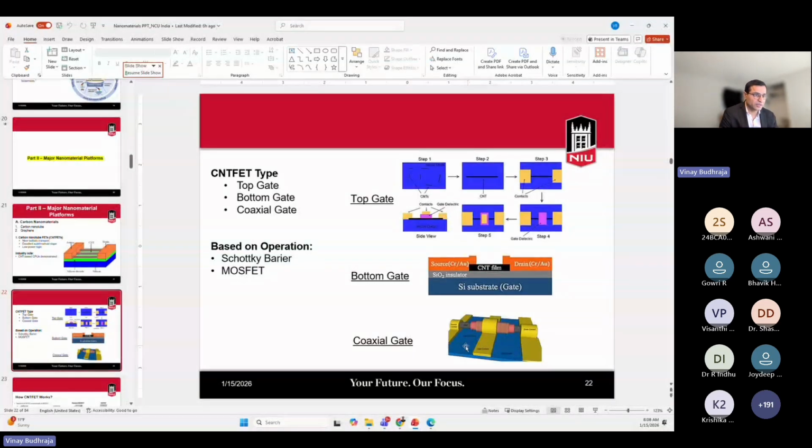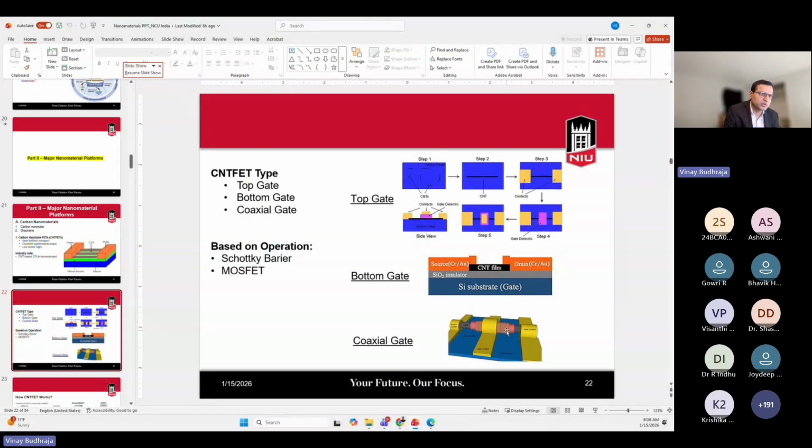Coaxial gate is like the future technology. In the case of coaxial, the source, drain, and gate are all coaxial. They are in circular form, and the carbon nanotube is deposited in cylindrical form, because carbon nanotubes in the nanometer range are already cylindrical, right? That's why they are named tubes, like nanotubes.